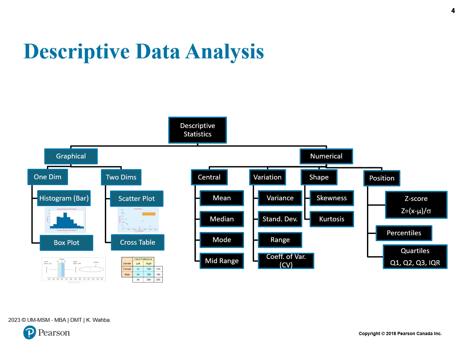Q3 is the 75th percentile, which means 75% of the data are less than this value and 25% are more. IQR is the interquartile range, which is the difference between Q3 and Q1. So this is another representation of variation.